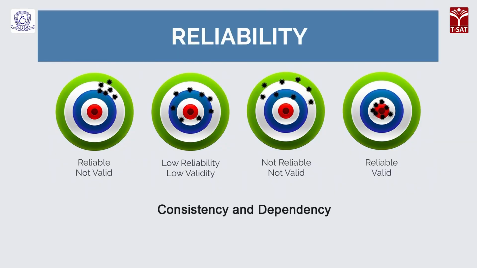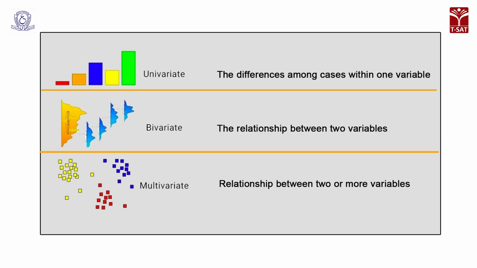Reliability has to do with the consistency and dependency of a measure. It sometimes means that a reliable test should produce the same results on successive trials. By now, dear learners, you are familiar with the fact that statistical analysis could be univariate, bivariate or multivariate.